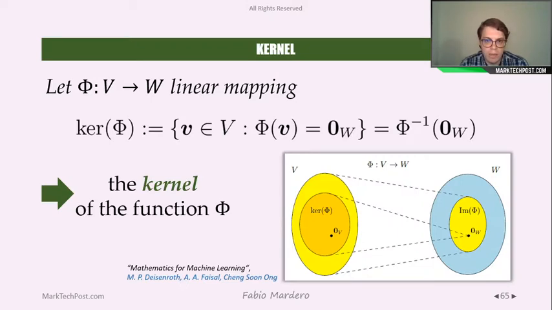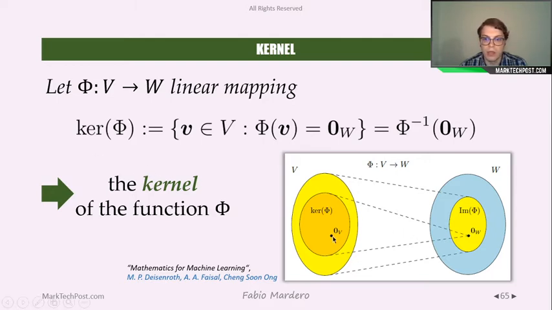Now let's move on to talk about one other concept, and then we will return to eigenvectors, eigenvalues, and eigenspace. Let's take a generic linear mapping phi that maps V to W, two generic vector spaces. We define the kernel of the function phi as the set of vectors where the function applied to those vectors is equal to the neutral element of the W vector space.